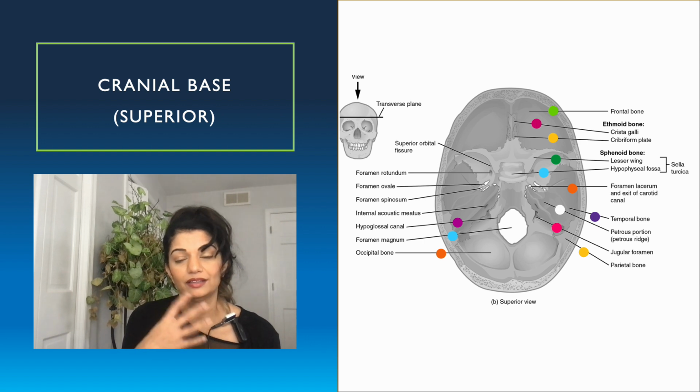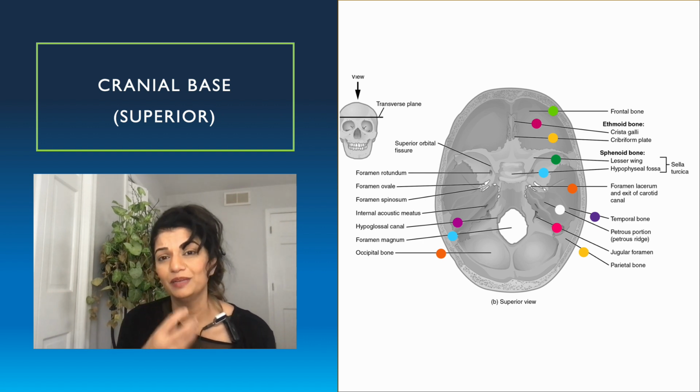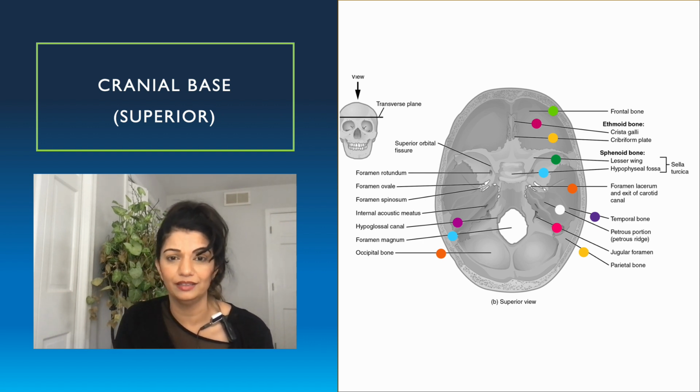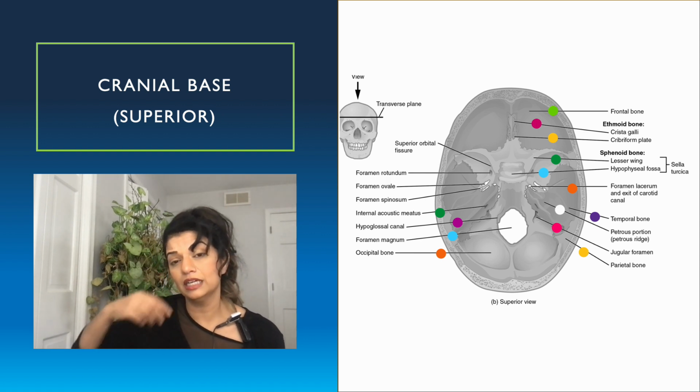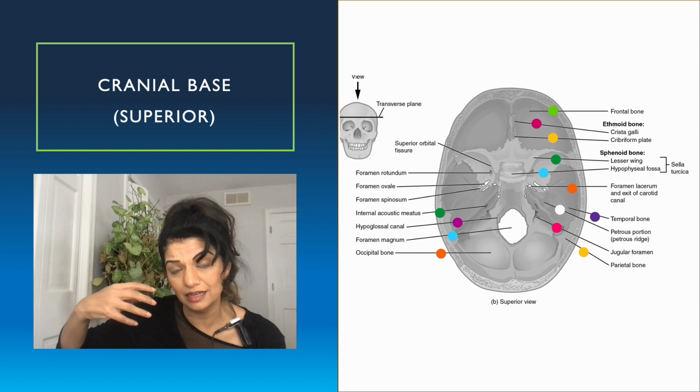Now this canal, the name should clue you, glossal means tongue, so it's going to house cranial nerve 12. And then we've got the internal acoustic meatus. Now this one has a lot of drama going on there because obviously it connects to your inner ear, right?